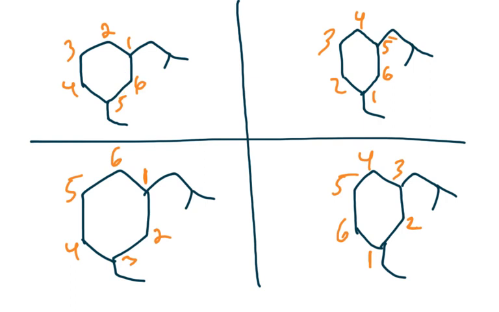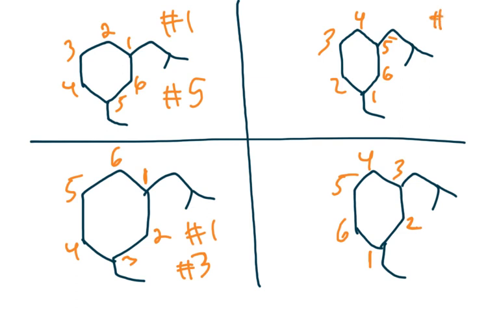All right, let's compare the left side and then the right side. Starting at the top left, which carbon numbers have substituents on them? That'd be carbon numbers 1 and 5. Let's go to the bottom left and do the same thing. Carbon number 1 and carbon number 3 have substituents on them. Then let's go to the top right and do the same thing.